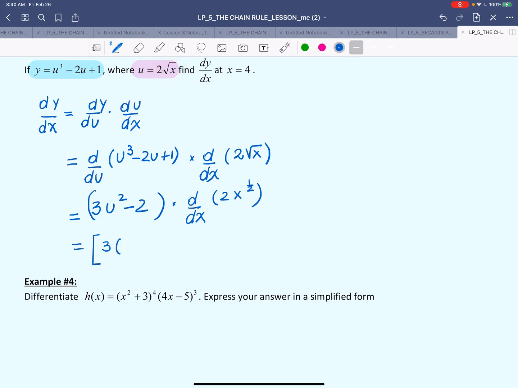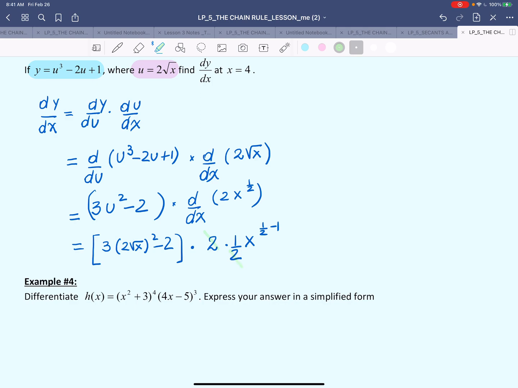So instead of u, we'll write 2 root x squared minus 2, and this will be multiplying the derivative of 2x to the power 1/2. We have the factor 2, so this 2 in here. And now we are differentiating x to the power 1/2, which is 1/2 x to the power 1/2 minus 1.